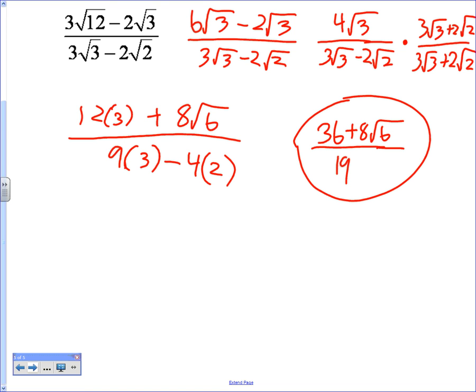Your last term should have been, instead of 4 square roots of 8, it should have been 4 square roots of 6. Does that make sense? Any other questions on these? All right then.